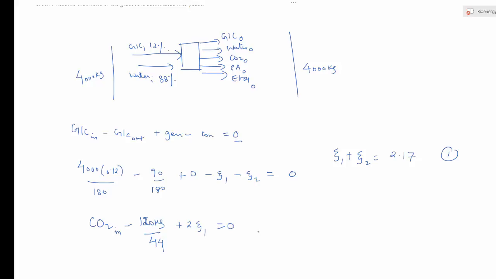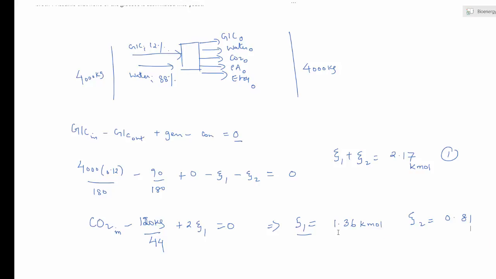This has to be equal to 0, and from which we can get ξ1 should be equal to 1.36 kilomoles, and these units are in kilomoles because we've got kilograms. So if you know ξ1, then we can calculate ξ2. That's going to be 2.17 minus 1.36. That's going to be 0.81. So we've got ξ1 and ξ2.